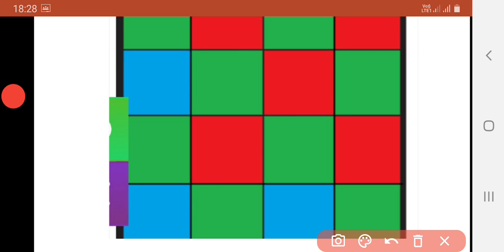For B we have 5 parts red in color. Yes, 1 2 3 4 5. 8 parts are green and the remaining 3 squares are blue in color.